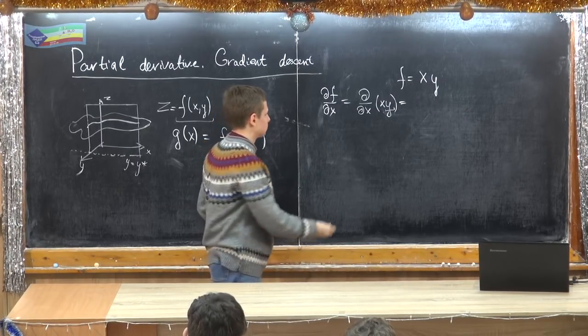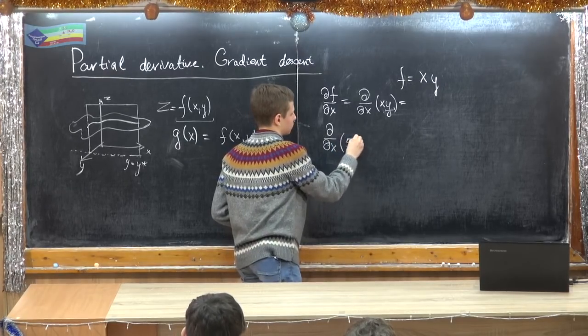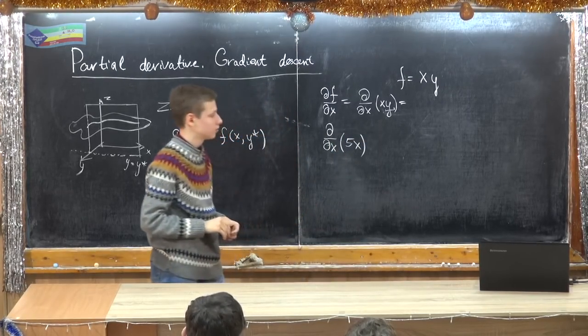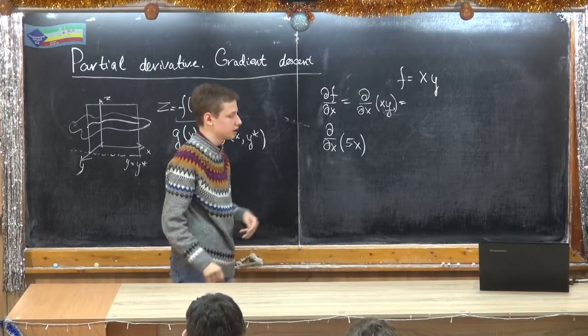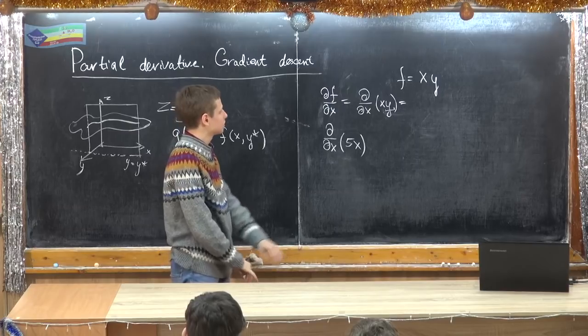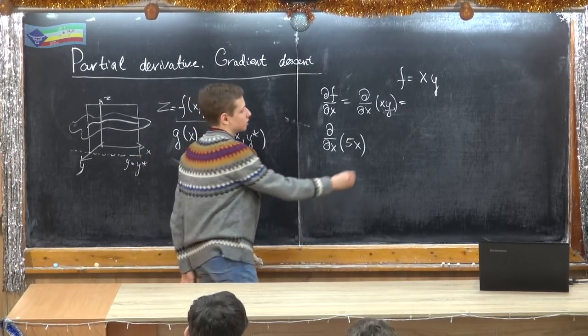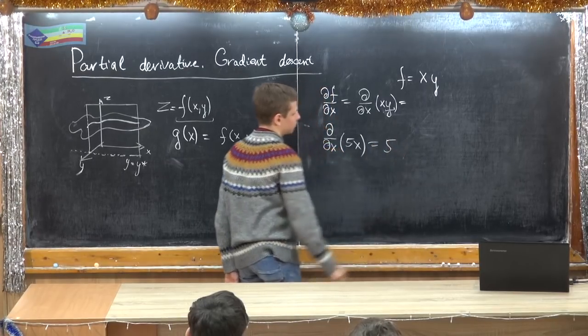We can do the same with a function like that. It will be just as easy, and you already know how to take derivatives of such functions, and it will be just equal to 5.